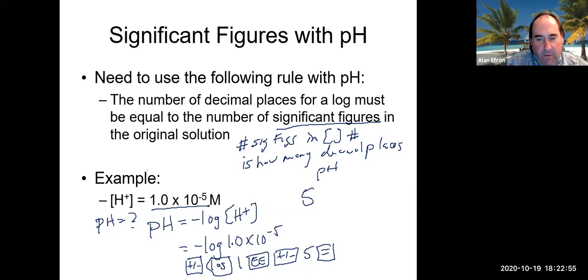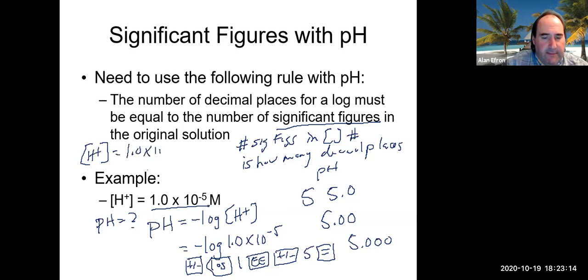So let's talk about what the right answer should be. So we have 5. Should it be 5.0? Should it be 5.00? Should it be 5.000? When we look at the concentration in this particular case, it is 1 times 10 to the minus 5. This has two significant figures.